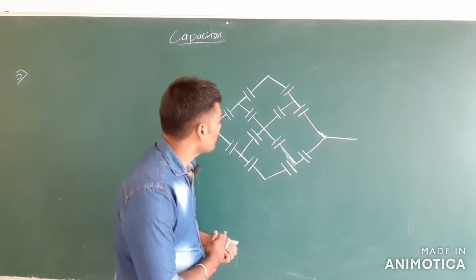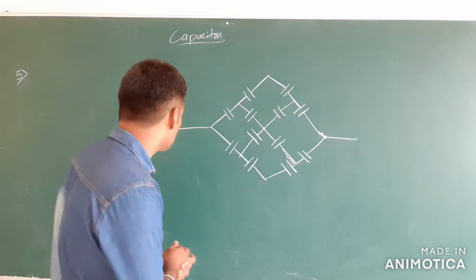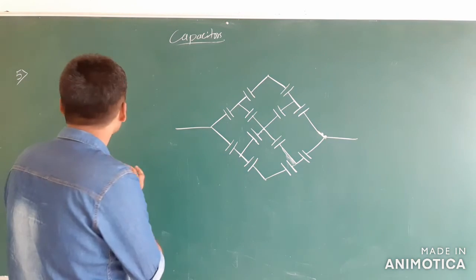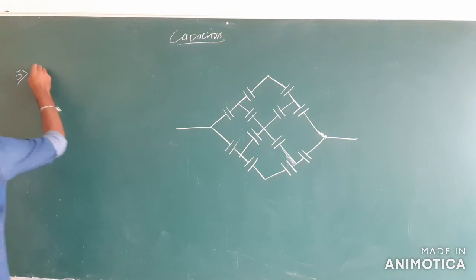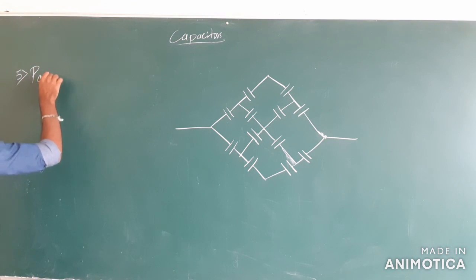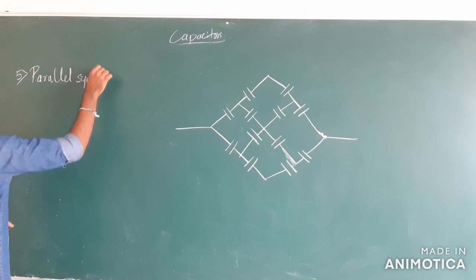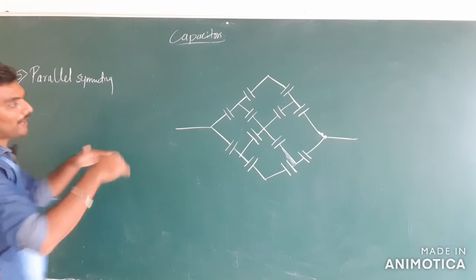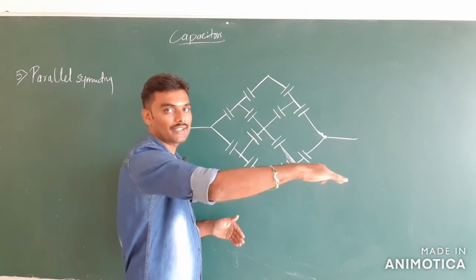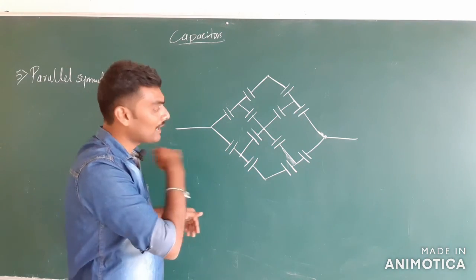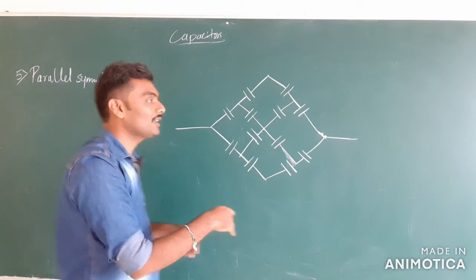In order to solve complex circuits of this kind, we have 2 methods. The first is looking for parallel symmetry in the circuit. What is parallel? Parallel is like this, right? One line parallel to the other. Or we can also say axial symmetry. Okay?